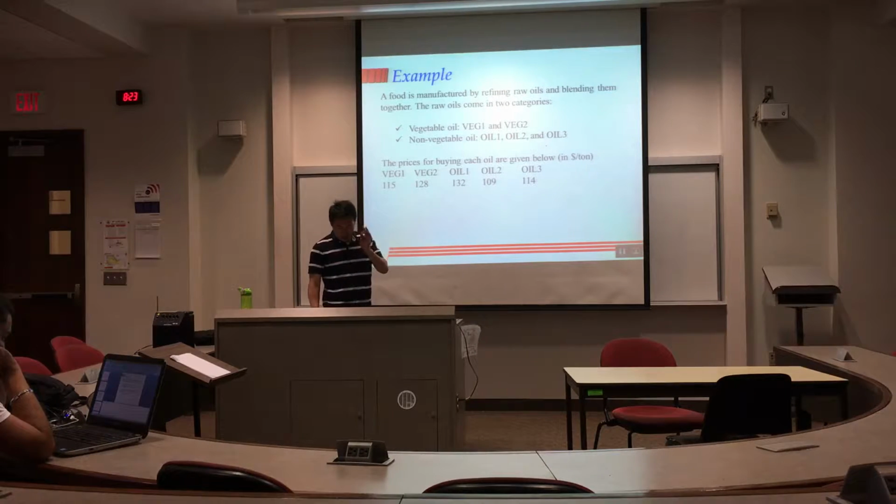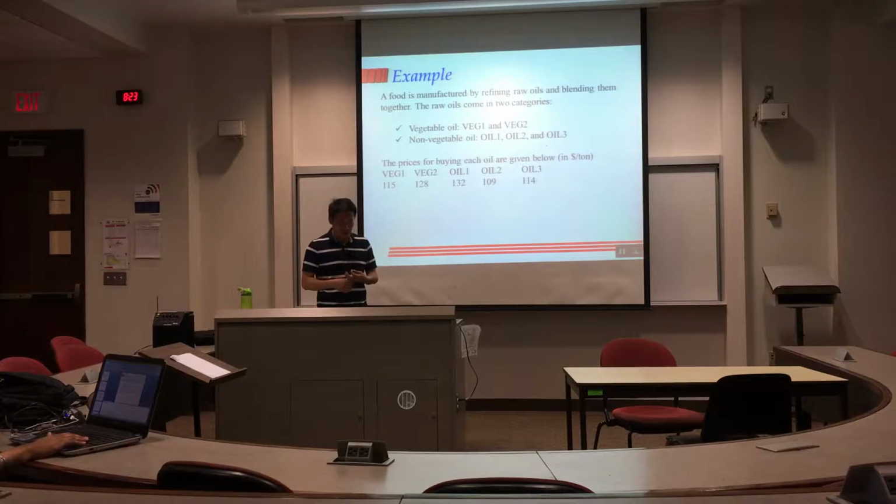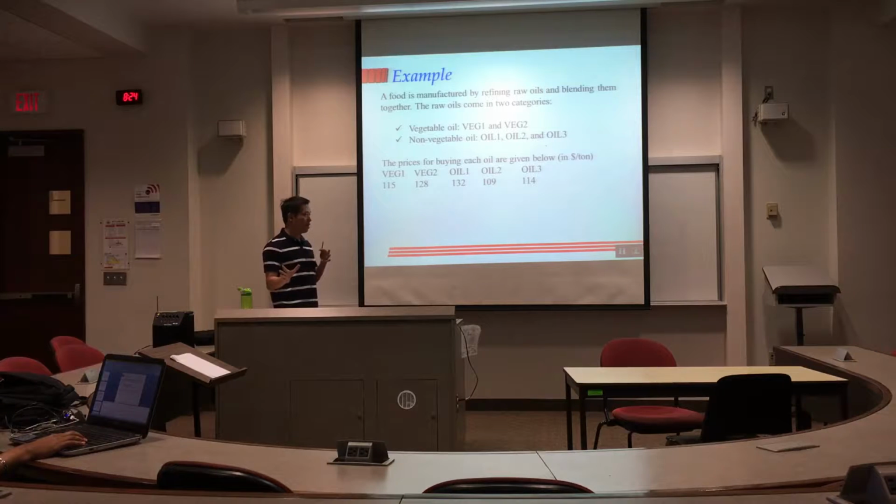So you want to produce some kind of food, which requires the refining of oils, right? You have 2 types of vegetable oils and 3 types of non-vegetable oils, not that it's important here for this problem.